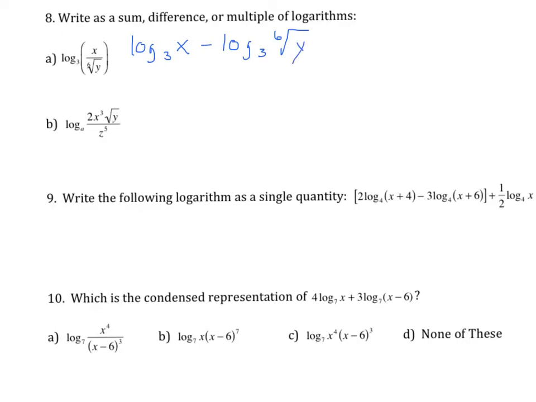And whenever we take a 6th root of something, it would be the same as raising it to the 1/6. So now that 1/6 is an exponent, we can bring it out to the front of that term. So our final answer will be log base 3 of x minus 1/6 log base 3 of y.